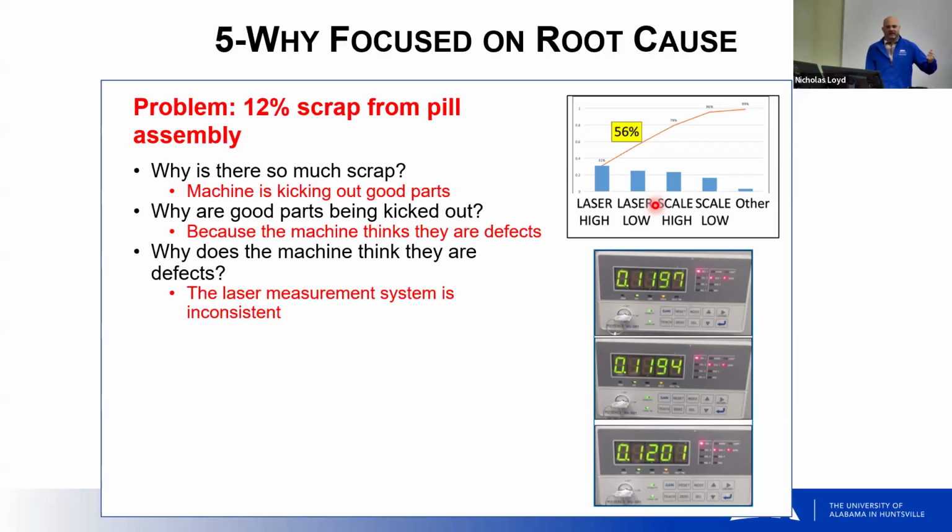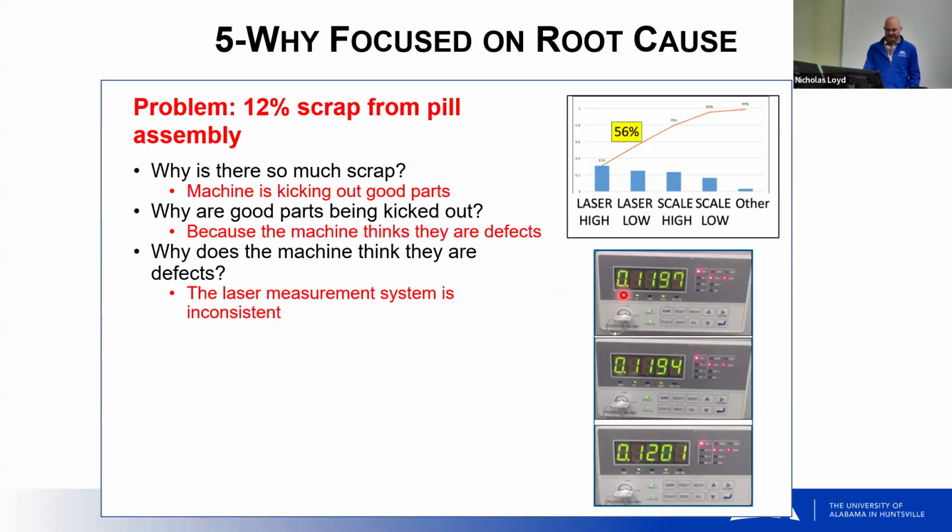If you pull the handle, it's supposed to inflate the vest. If you're unconscious and can't pull the handle, that pill dissolves in water and inflates the vest on its own. If it's too thick, it may take too long to dissolve. If it's too thin, it may not create a strong enough pop to inflate it. So there was a design thickness, and if it was too high or too low, it would kick it out.